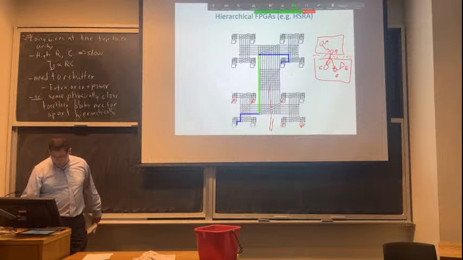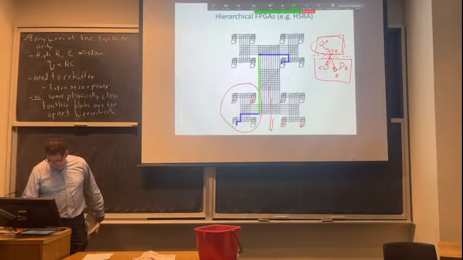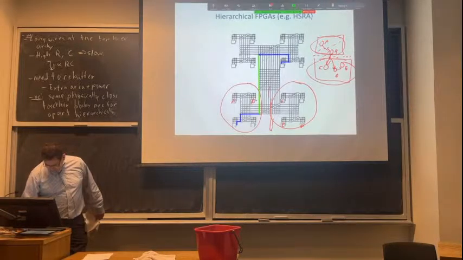That first cut decided this half of the circuit is going to go over here, and this half is going to go over here. Then I cut it again, and my cuts are now pretty easy. Logic blocks A and B on one side, and this one I'll cut to get C on one side, and D and E on the other. Then I cut again and get D there and E there.